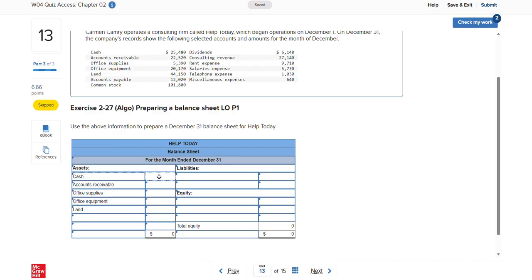Cash was 25,480. Then 22,520, 5390, 2170, and 44,150.